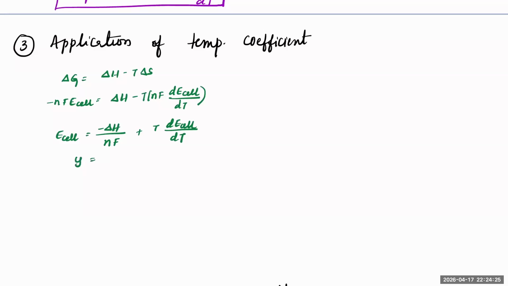So this equation looks like y is equal to mx plus c, where c is this one and this is mx. So this is like an equation of a straight line.